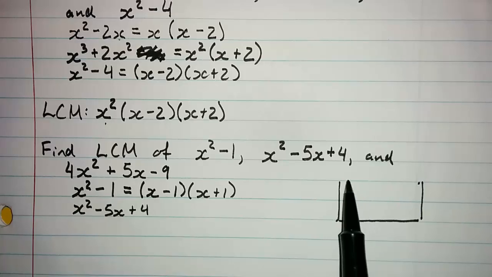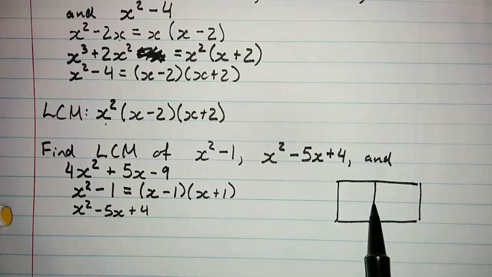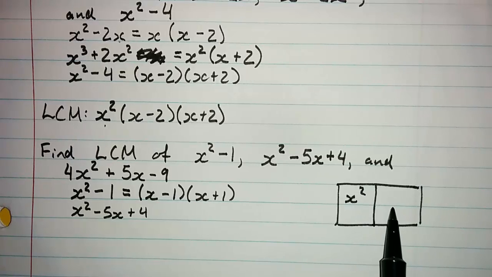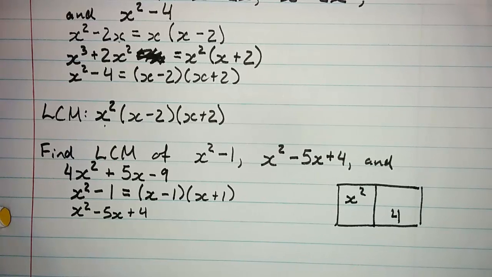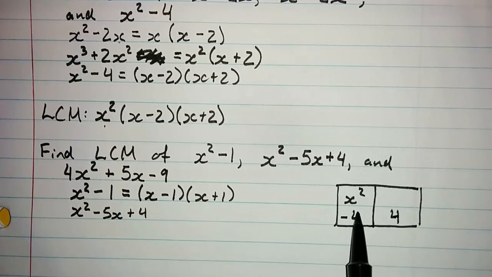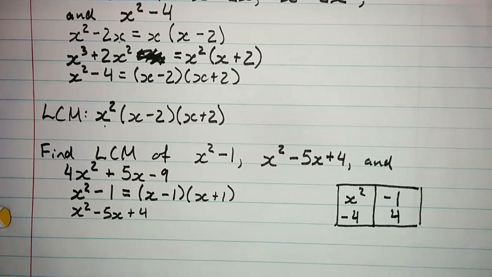We want to split up the middle term using the AC method. We need two numbers whose product is positive 4 and whose sum is negative 5. I think negative 4 and negative 1 are going to do it for us.